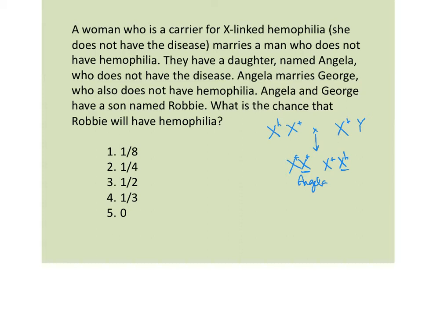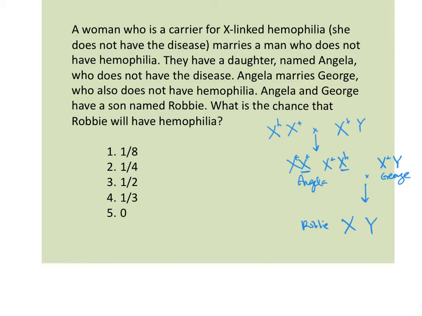Angela marries George, who does not have hemophilia, so we know his genotype must be X plus Y. Angela and George have a son named Robbie. Robbie gets an X and a Y. What's the chance that Robbie will have hemophilia?